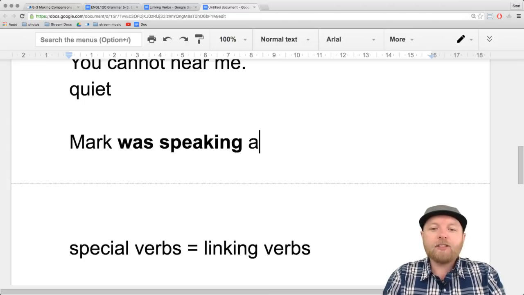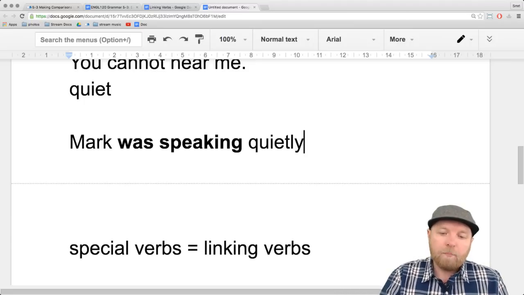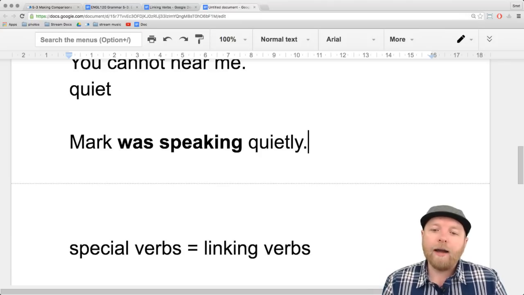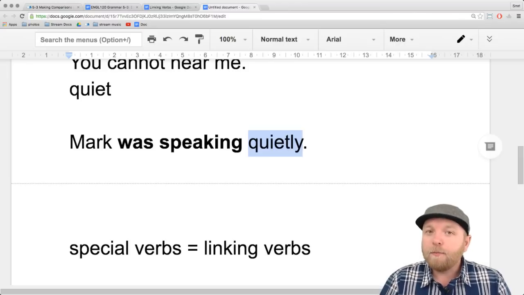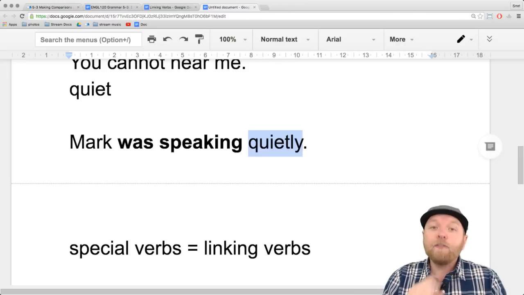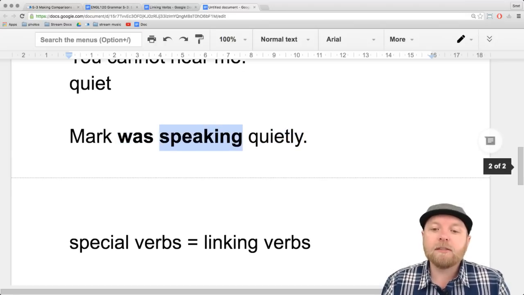So we're going to change quiet and add ly. Mark was speaking quietly. And usually an adverb of manner goes after the verb, the main verb of the sentence.